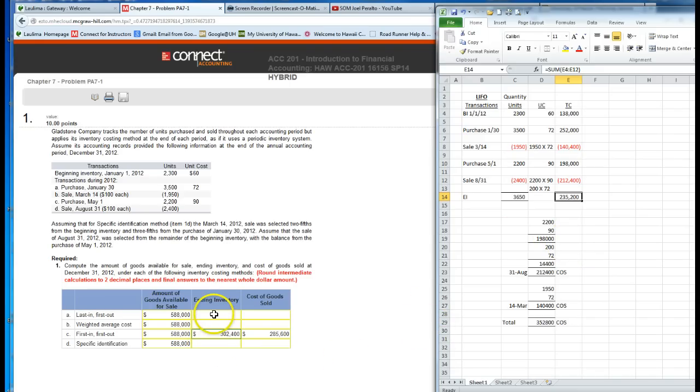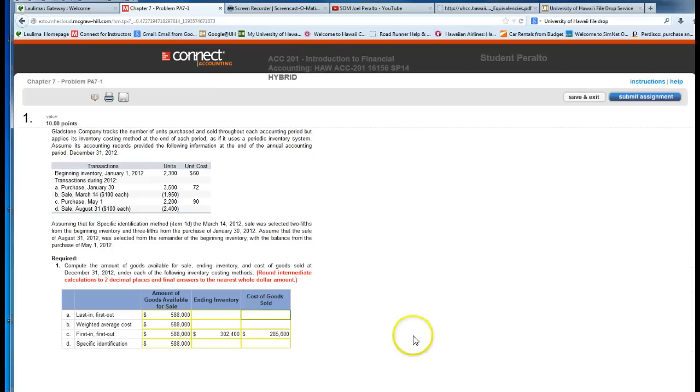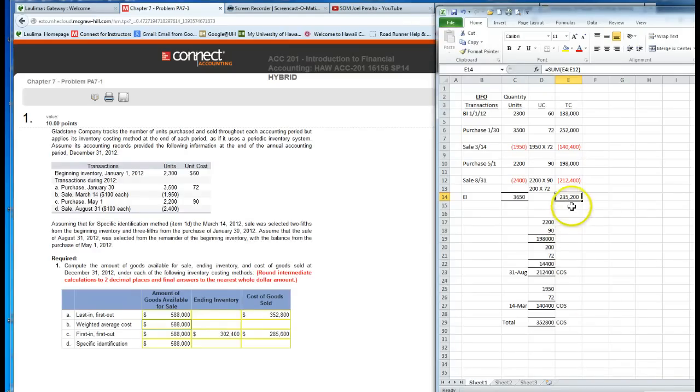So if we go to our Connect problem and take this information for each of these two variables, we can see that our cost of goods sold is 352.8, and so we'll put that in, 352.8, and our ending inventory is 235.2.